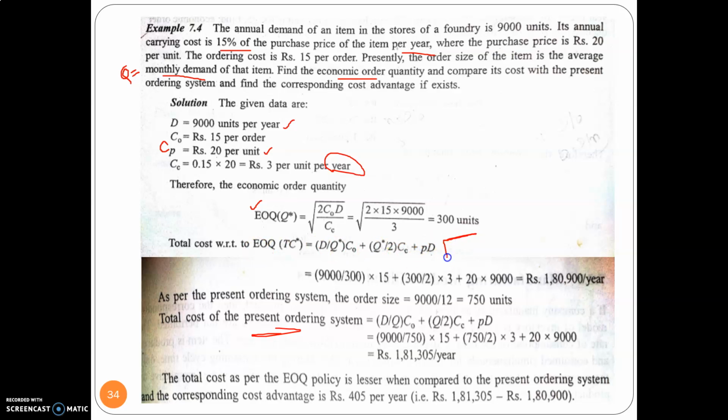As I said before, you can also use this formula, that is root of 2D C0 CC plus DCP. This is the total cost with respect to ordering EOQ, right? Now currently they don't follow the EOQ system. They make an order size equal to monthly demand.